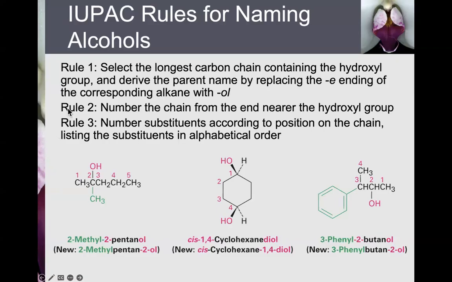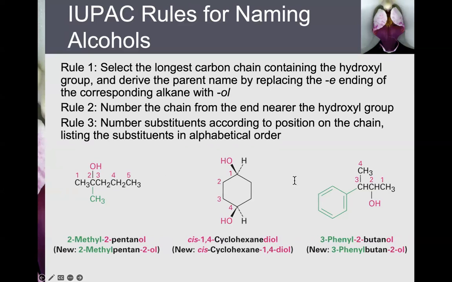And the second rule: number the alkane chain beginning at the end nearer the hydroxyl group. So you start counting where your OH is nearest. In this case, you start here, not here at the fifth carbon, because the OH is near this carbon.